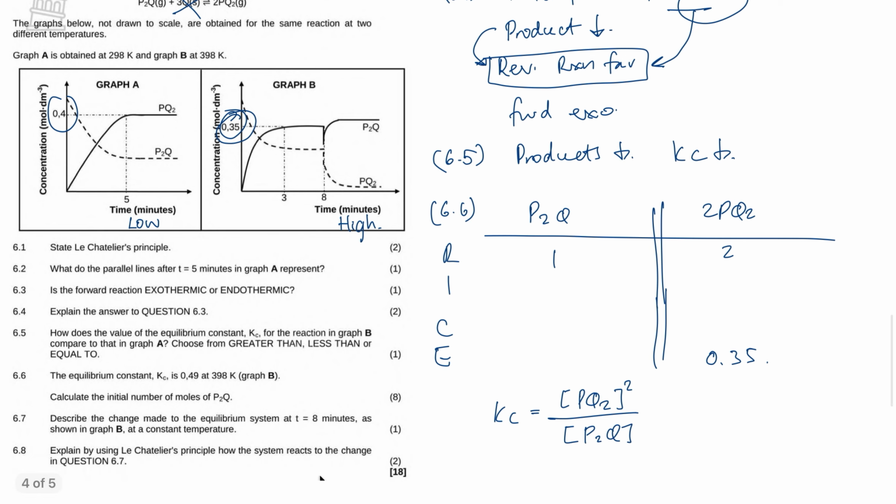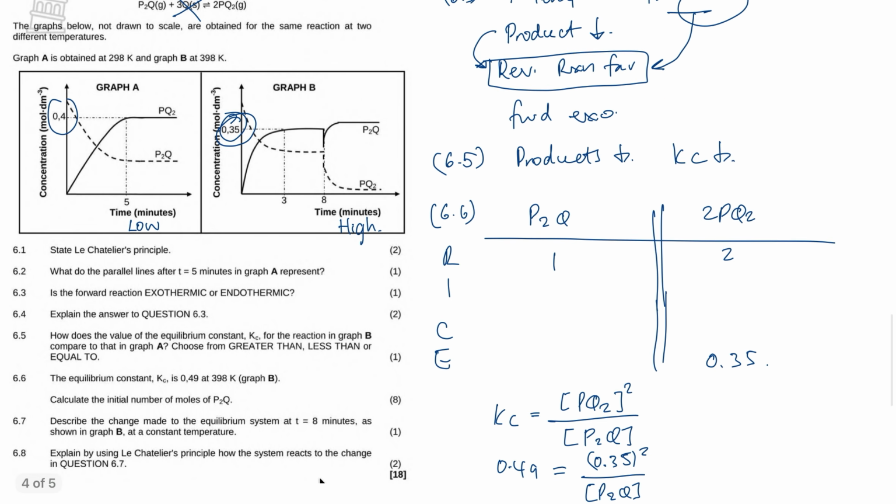Since the Kc is 0.49, that's going to equal 0.35 squared divided by the concentration of P2Q. The concentration of P2Q at equilibrium is going to equal 0.35 squared over 0.49, which is 0.25.